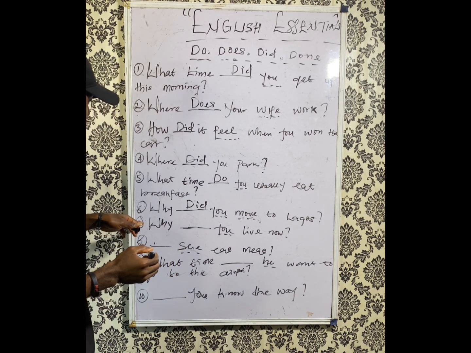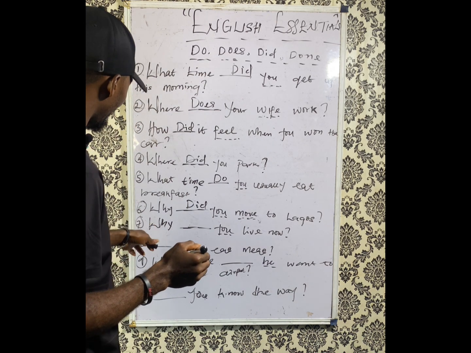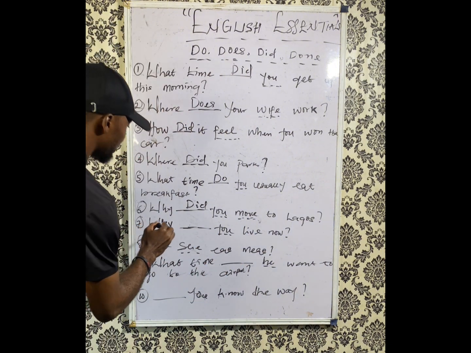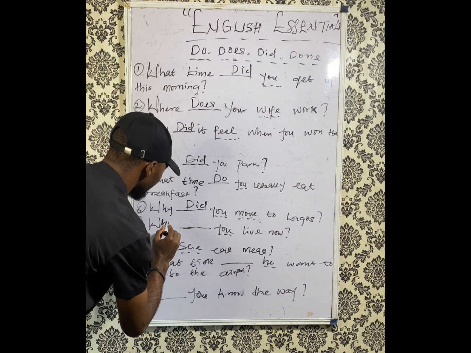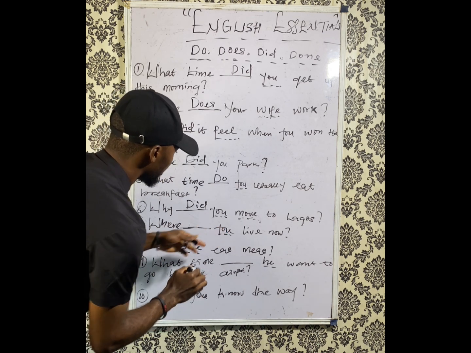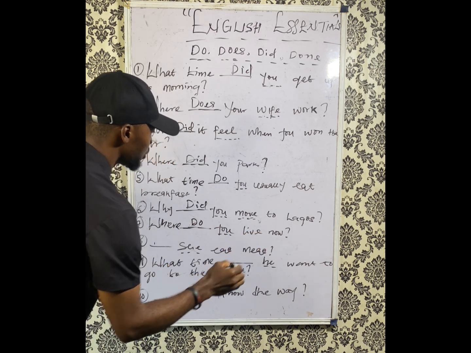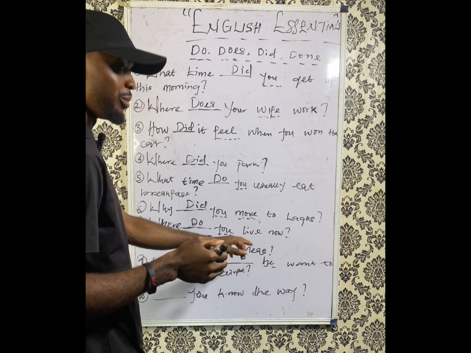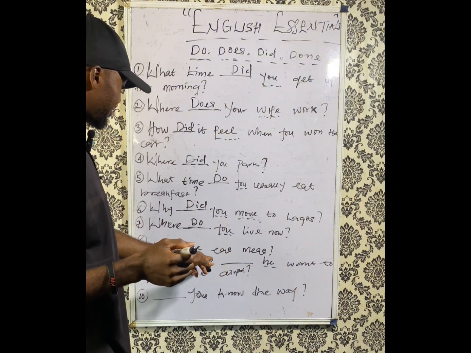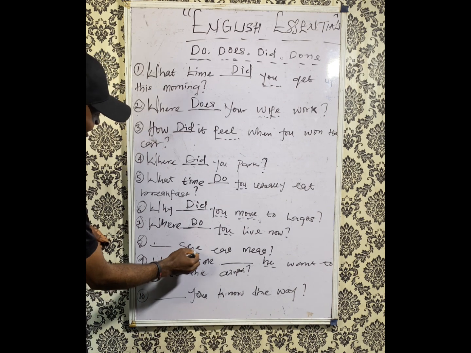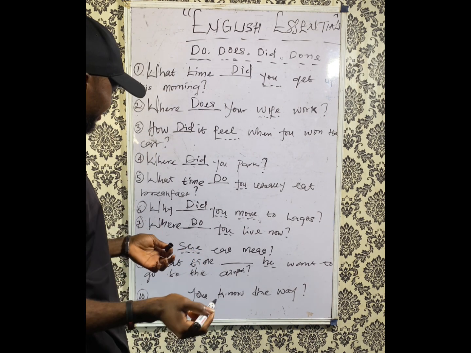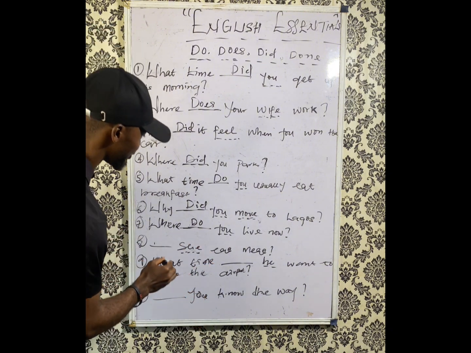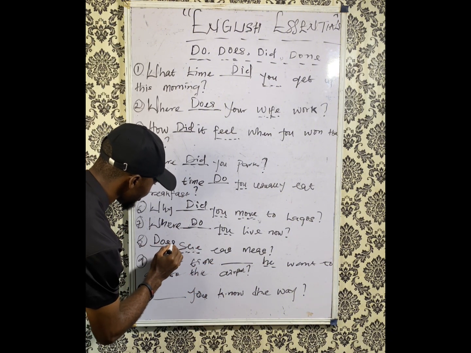So this our number seven is supposed to be, where does you live now. So let's correct it. It will be, where do you live now? Our number eight says, does she eat meat? We are saying she here, not we. So what's supposed to be put here is, does she eat meat?